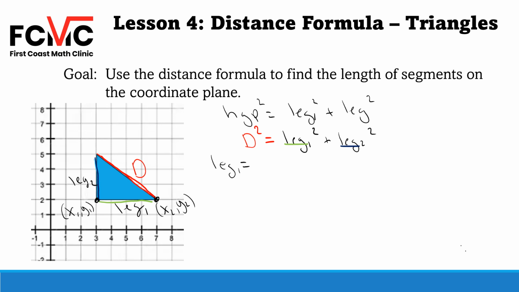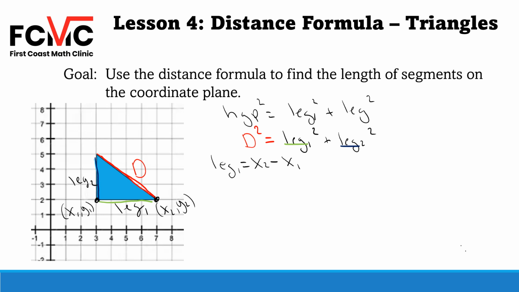So if I want to find the length of leg 1, well, leg 1 is a horizontal distance, right? So how could I find the length of this leg 1, right? Well, what coordinate is changing? If it's a horizontal length, the x values are changing. So to find the length of this leg, I'm going to take x2 and subtract x1, right?